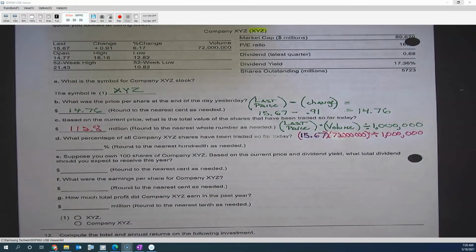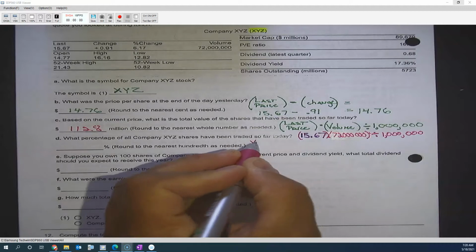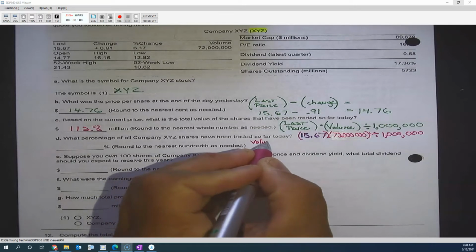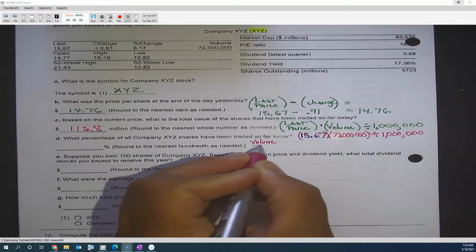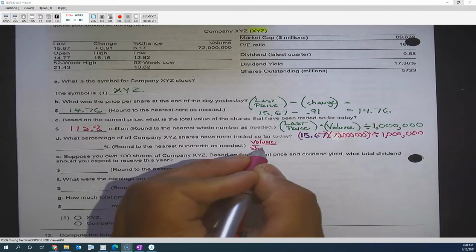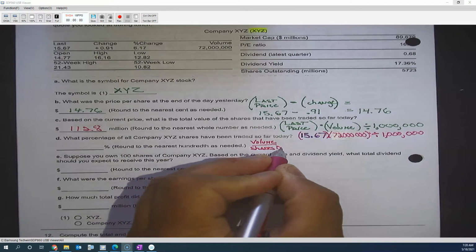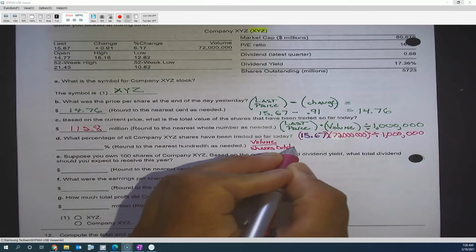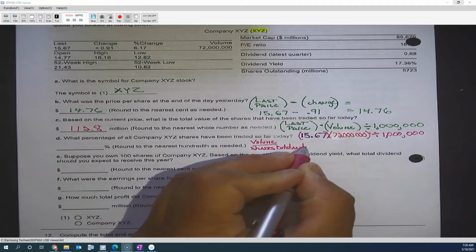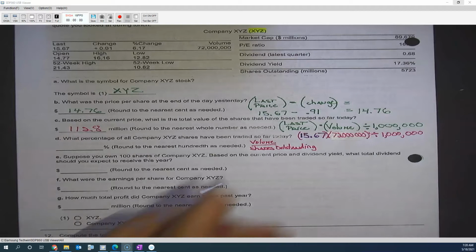Okay. All right. What percentage of the company's shares have been traded so far today? So you take the volume divided by the shares outstanding. Okay.